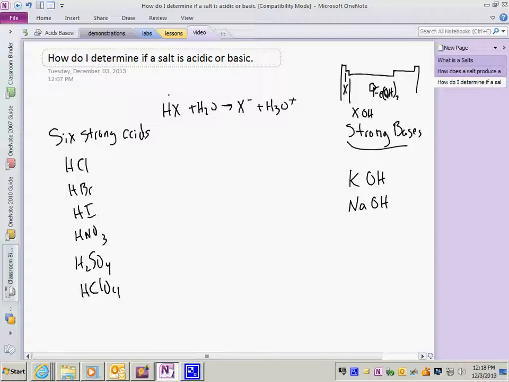So this is my acid. It's going to donate to my water here to produce this guy here and this guy here. So this is my acid. This is called my conjugate base, and this is called my base. This is my conjugate acid.